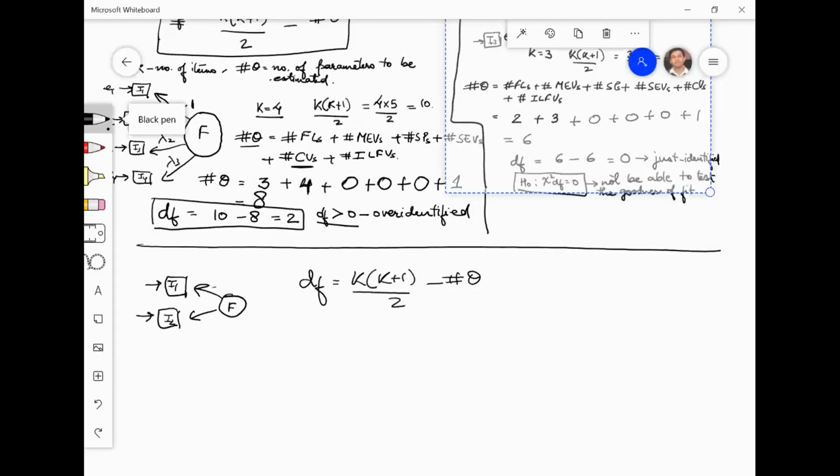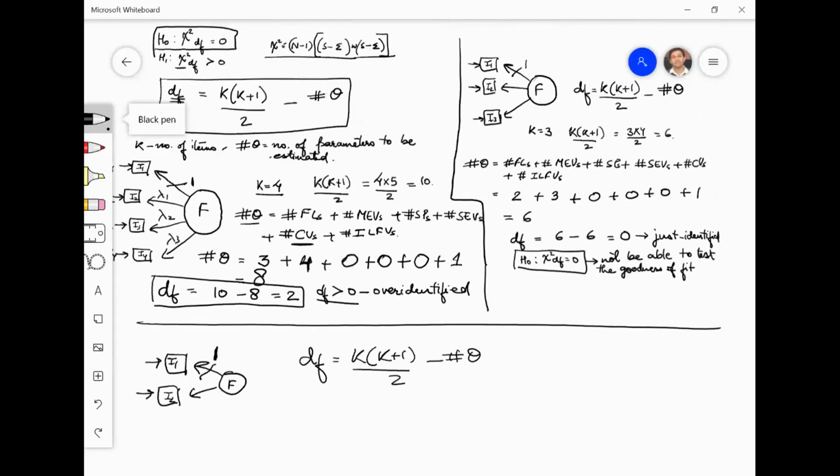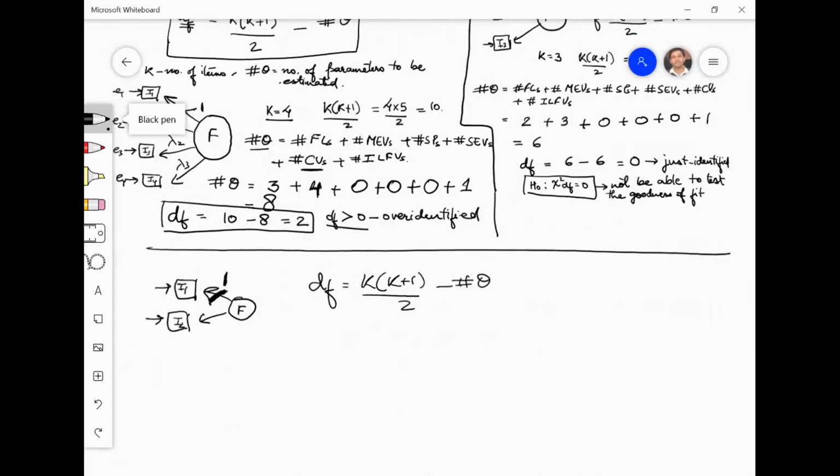One of these paths is going to be tied to 1 as always. So this is no exception. So one path is going to be tied to 1. K is equal to 2 here. So k(k+1)/2 is equal to 3, right?